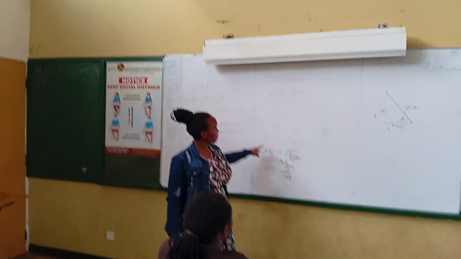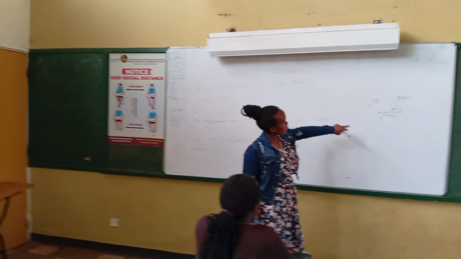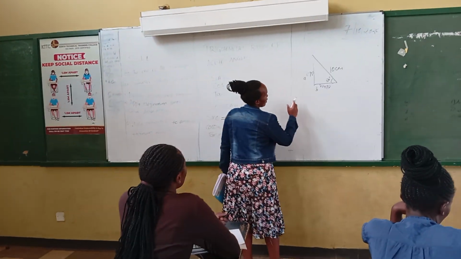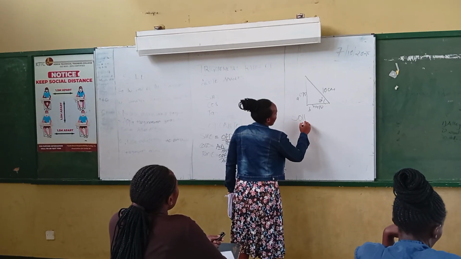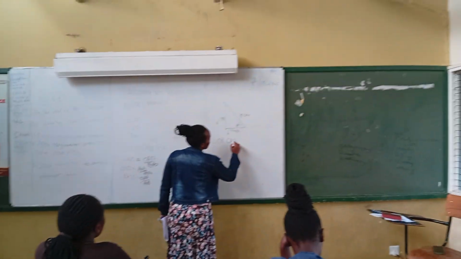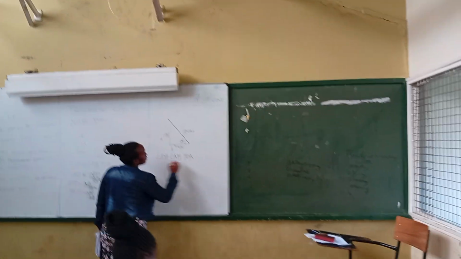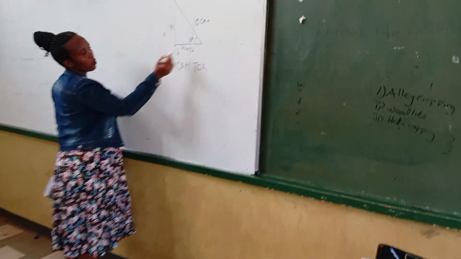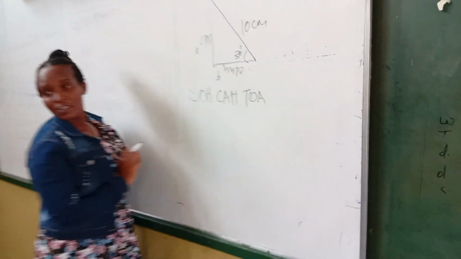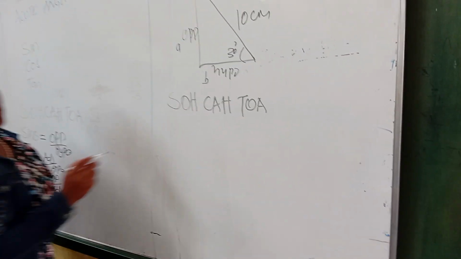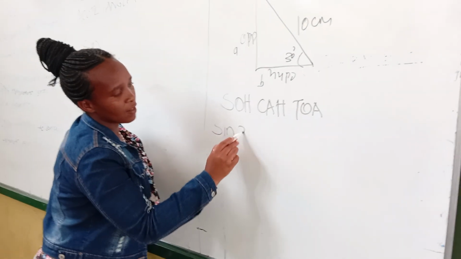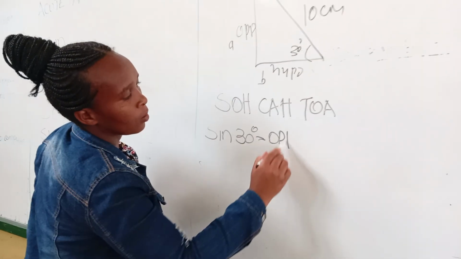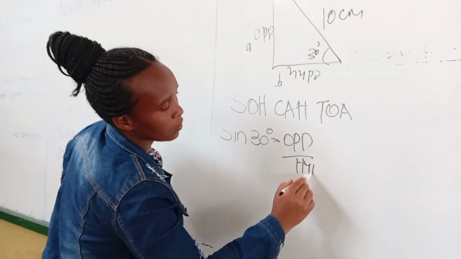Already we have the hypotenuse, so we are going to find the value of A and B. To find A, we use SOHCAHTOA. Is it sine or cos? Sine, which equals opposite over hypotenuse.